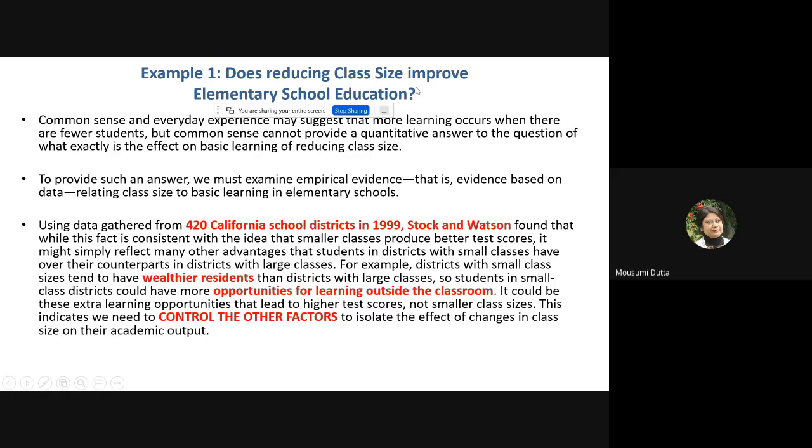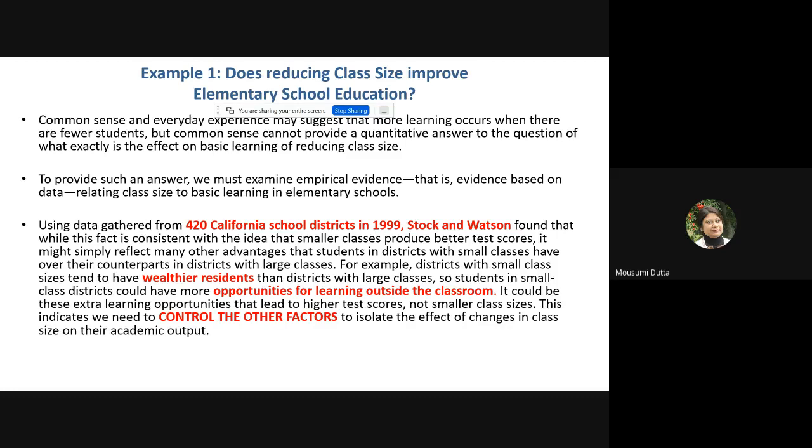Does reducing class size improve elementary school education? As I mentioned, the general idea is, the smaller the size of the class, the better the performance of the students.